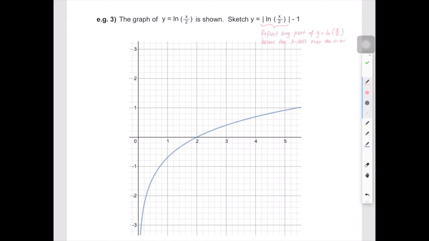It's a little redundant, but it will do. And then once we do that, the negative 1 here suggests that 1 unit down is what we translate.